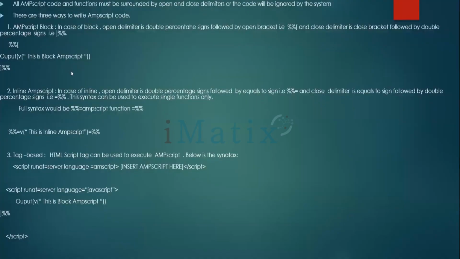If we want to print one value in a single line, it is called inline AMPscript. In the case of inline, the open delimiter is a percentage sign followed by an equals sign, and the close delimiter is an equals sign followed by a percentage sign.